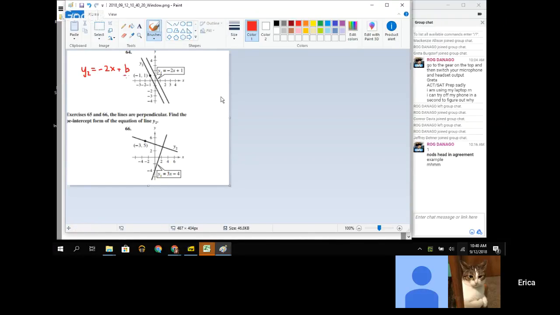Now, what is the y-intercept? The y-intercept is where the second line intercepts y, and that looks like it's at -1, right? So we could say that y2 equals -2x minus 1, or plus a -1.